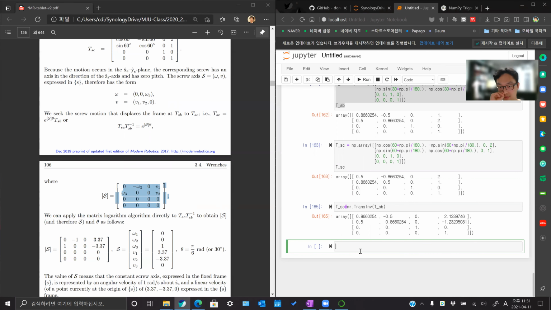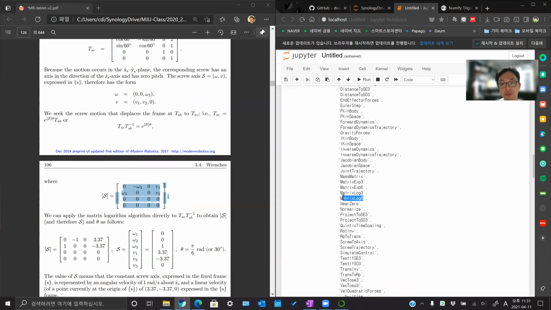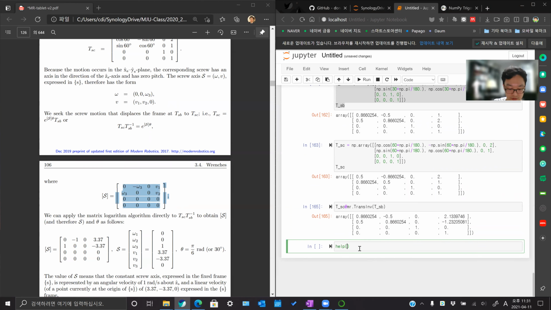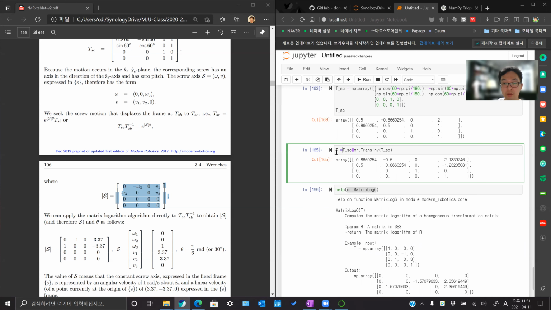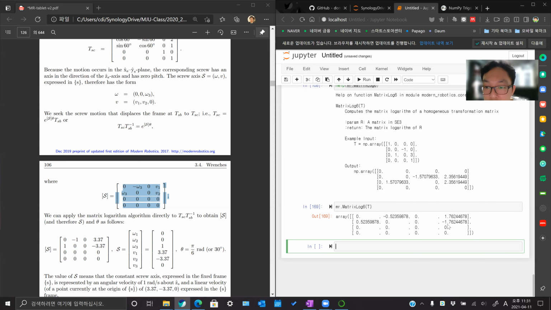So let's take a matrix logarithm. The matrix logarithm is this one, MR.MatrixLog6. Yeah, input is T, and make it T here. And then like this, we can simply get the omega here and V here.